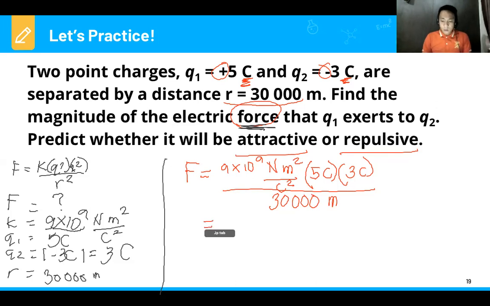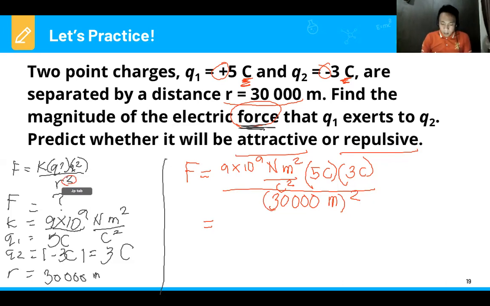And then let's solve for this one. Since this one is squared, don't forget the square, okay?